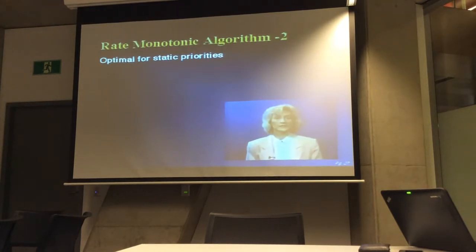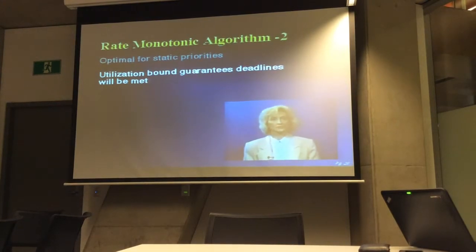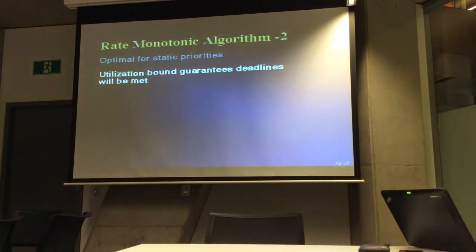And furthermore, if the rate monotonic priority assignment satisfies the CPU utilization bound that we'll be looking at, it's been proven that you can guarantee that the tasks will meet all their deadlines, even in the worst case situation. This priority assignment algorithm is optimal and guarantees schedulability, providing the criteria are met.